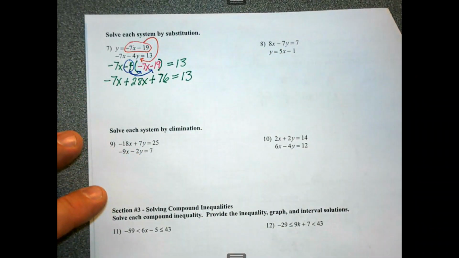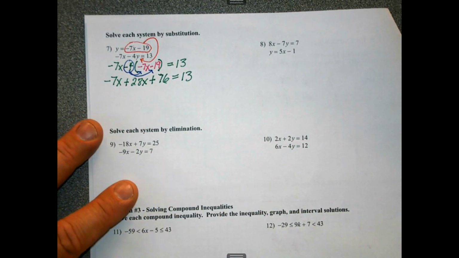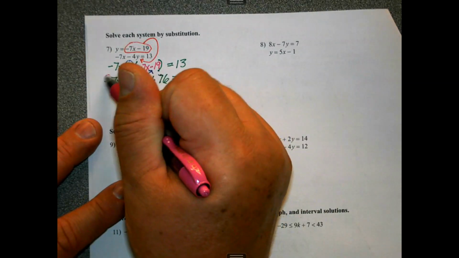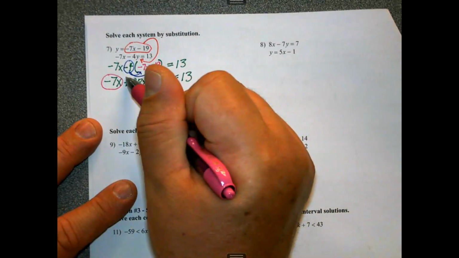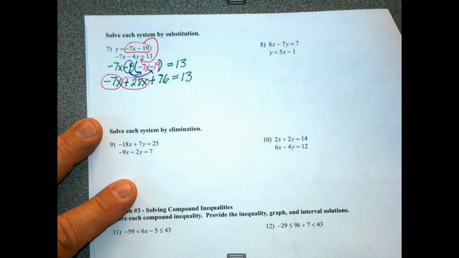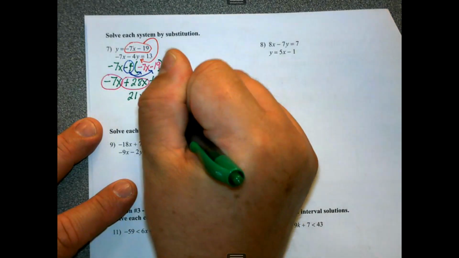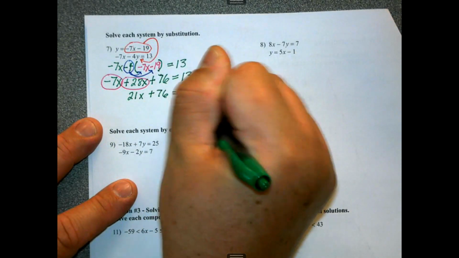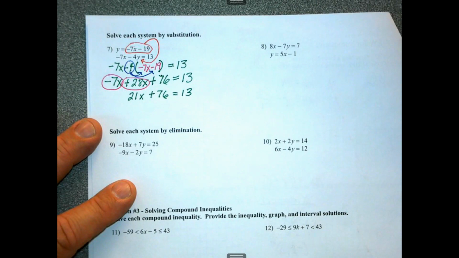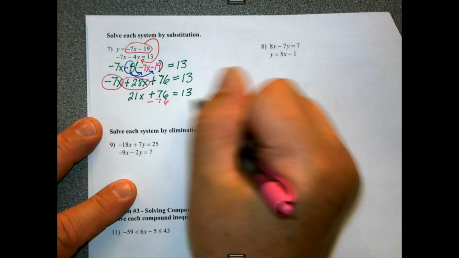You guys would know better because you grabbed the calculators as you came into the room. Come on, combine like terms. Negative 7x plus 28x is a positive 21x. Subtract 76 from both sides.